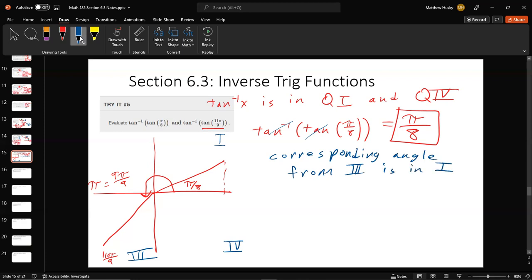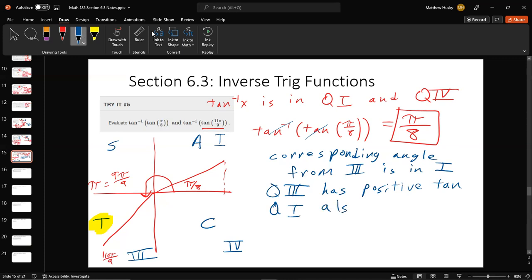Why is that? You might remember this: All Students Take Calculus. We are currently in quadrant 3. Q3 has a positive tan. Q1 also has positive tangent values because all the trig values are positive in quadrant 1.